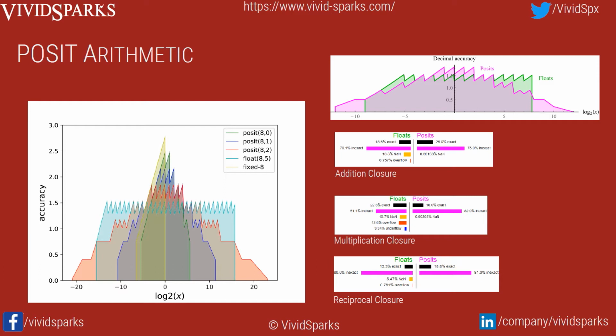And on the left side, you can see the plotted results for 8 bits: floating point 8 bits with 5 exponent, and POSIT 8 bits with 0, 1, 2. You can see on average, POSIT 8 comma 1 gives you more accurate results than floating point 8 comma 5.